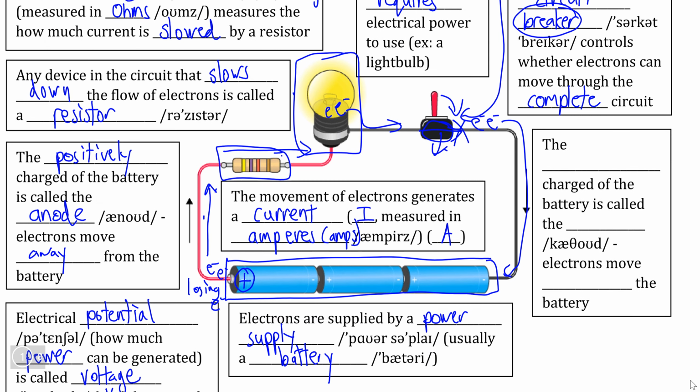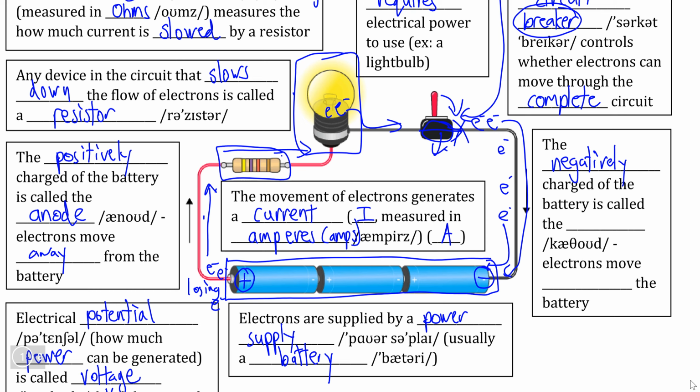Now, after we've made it past the switch, we are going to end up at the opposite end of the battery, and we can see that there is a negative sign here. So this is the negatively charged side of the battery, and after electrons move all the way through the circuit, through any resistor that we have, the electrons are going to re-enter the battery and the circuit begins once again.